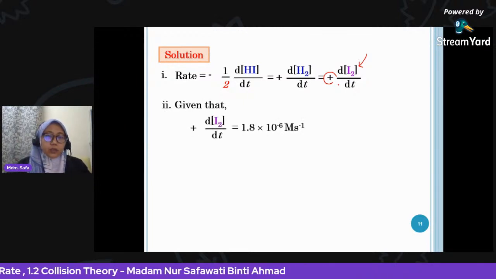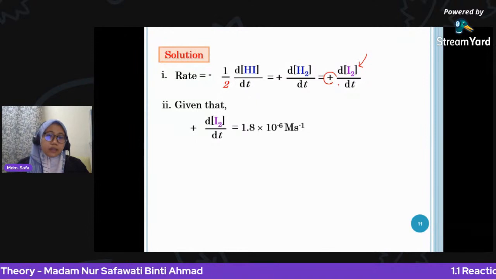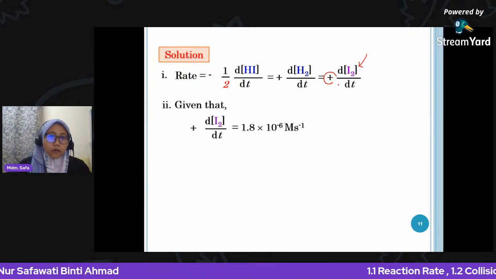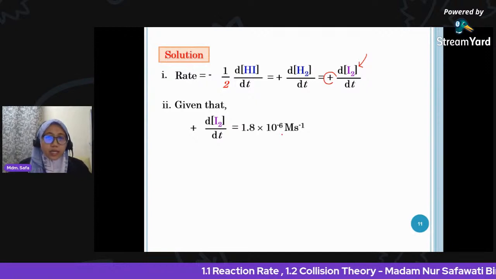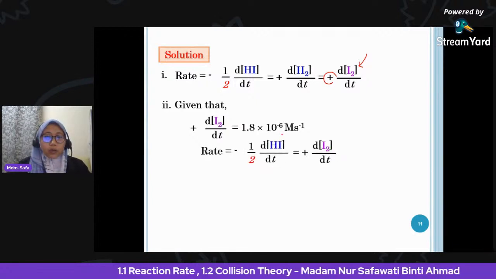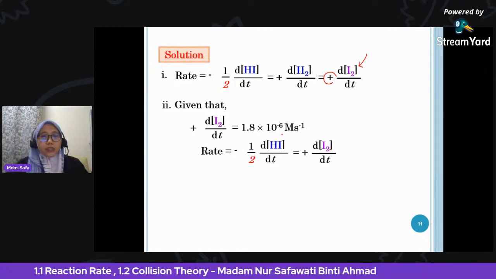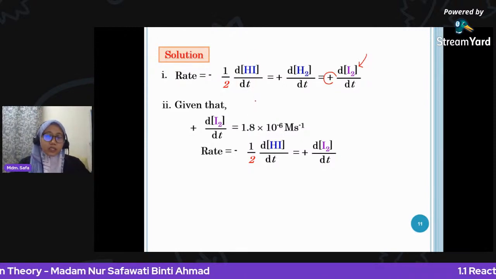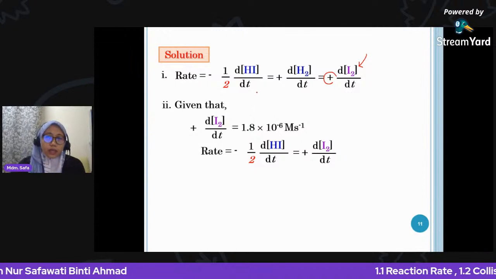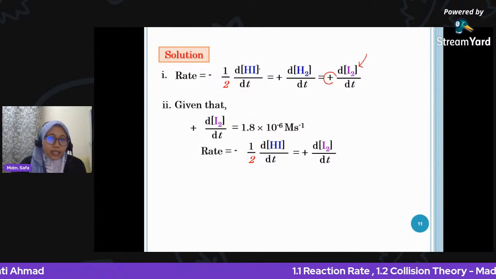So number 2, given that the rate of formation of I2 is equal to 1.8 times 10 power negative 6 molar per second. The question asks for the rate of disappearance of HI. So we just relate with the related question.